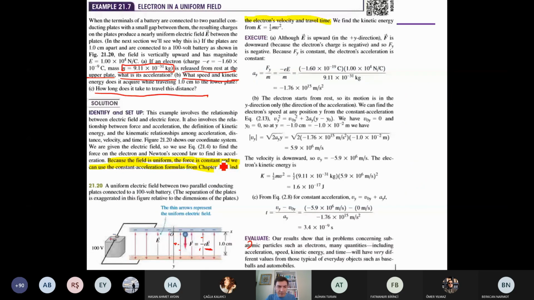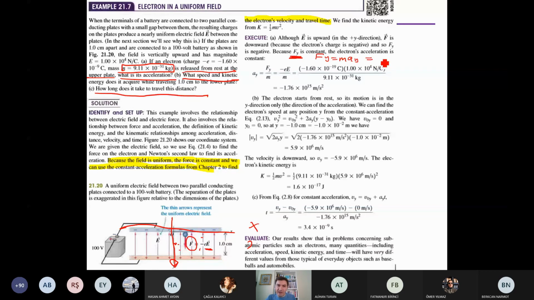Here we have force. Just choose that this is the x-axis and this is the y-axis, and positive y is downward. Then I show force with Fy, and Fy is written as m times ay, okay? And then I can write this expression. This Fy is also given with minus e times E. This is the electric field.